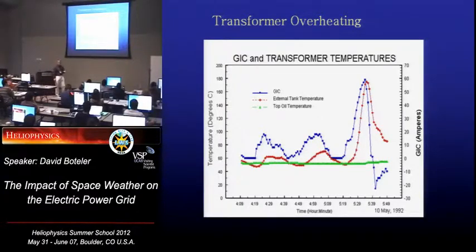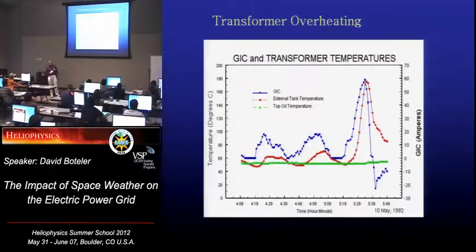The other thing that's happening when you're getting saturation of the transformers: what does saturation actually mean? It means that the metal core of the transformer can't take any more magnetic flux. So the flux is going to spill out into the surroundings, so into the windings or into the frame of the transformer.